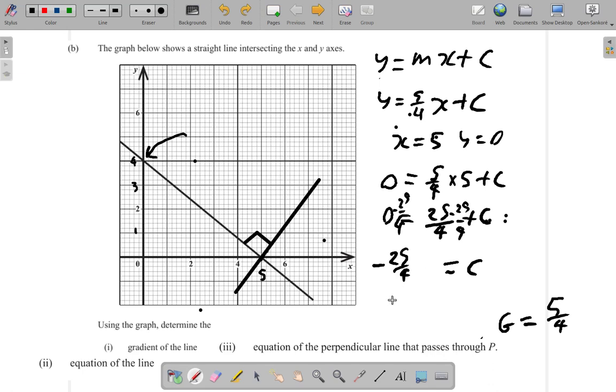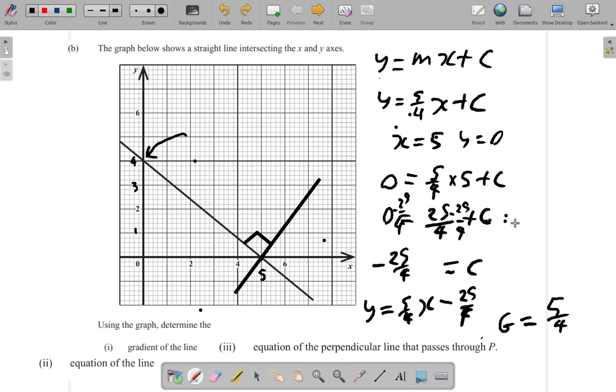So what we have is y equal m, which is 5 over 4x, plus -25 over 4. Might as well write minus 25 over 4. Let's turn these into mixed fractions.